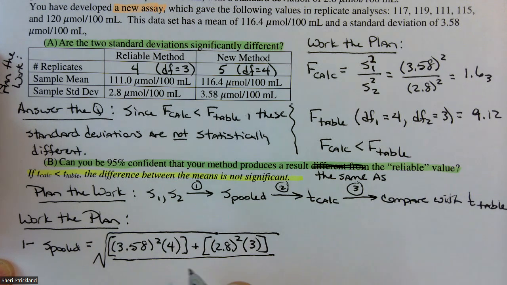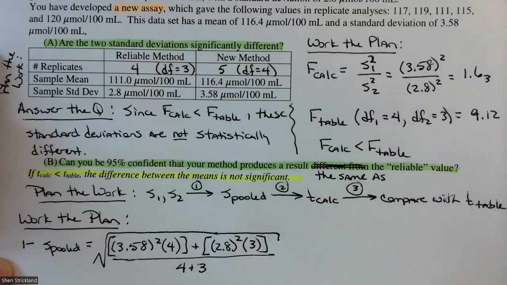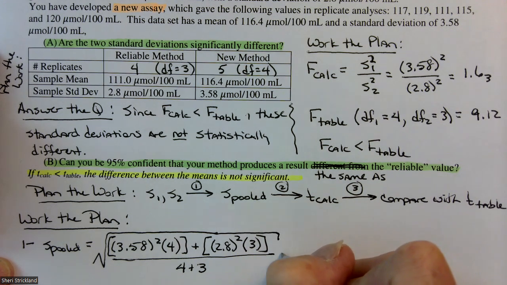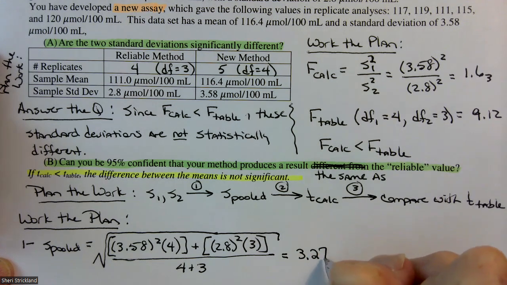And you can do the 5 plus 4 minus 2, or you can just do the 4 plus 3, and that will get you to the same place. It's just the total number of degrees of freedom. All right, so pause the video, run that calculation, and come on back. All right, welcome back. I got 3.27. Is that what you got?